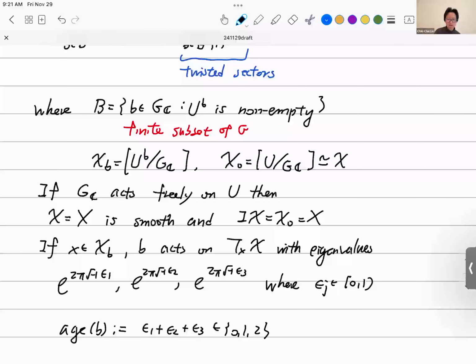There's a definition of age for more general orbifolds, but we are dealing with toric Calabi-Yau 3 orbifolds. So the age can be only 0, 1, and 2. In the general case, the age can be fractional.